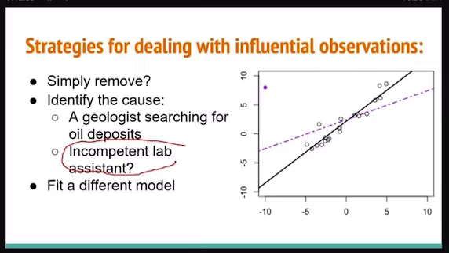So you have to make sure that the lab assistants taking your measurements are competent. Another example: maybe a geologist searching for oil deposits. At times it takes forever to find it, and as time goes on, you start seeing it.